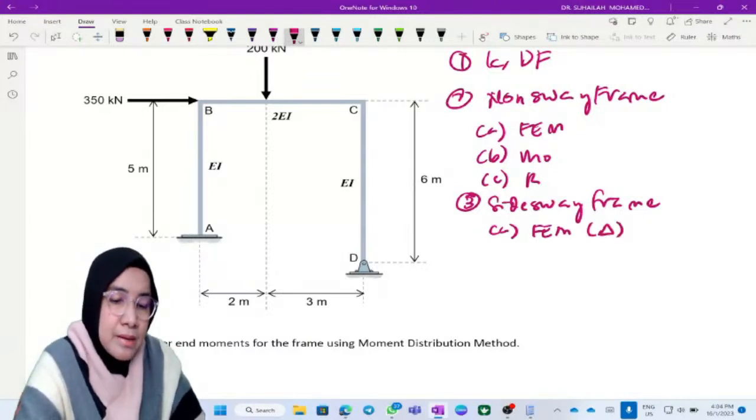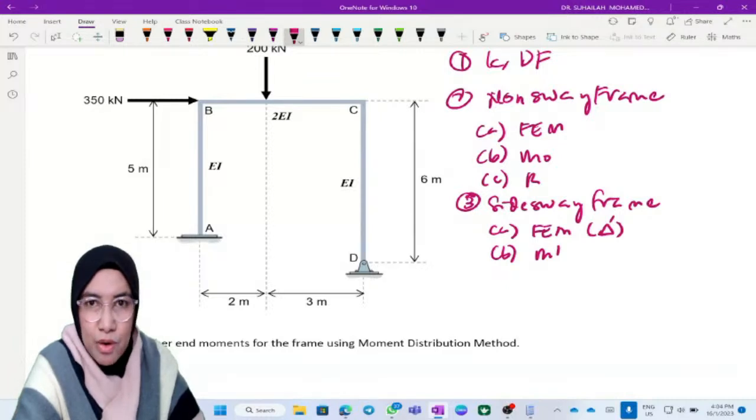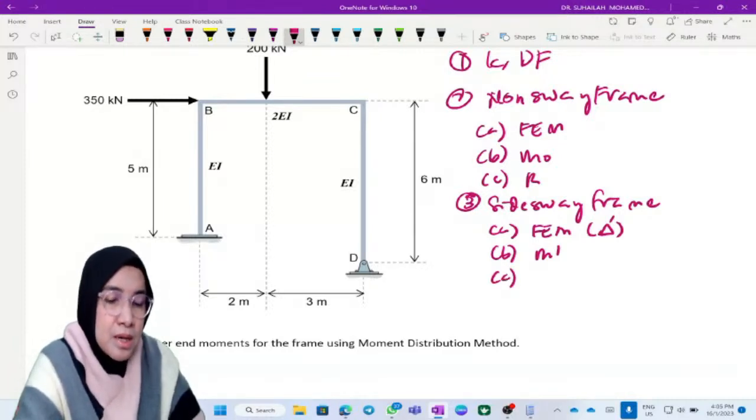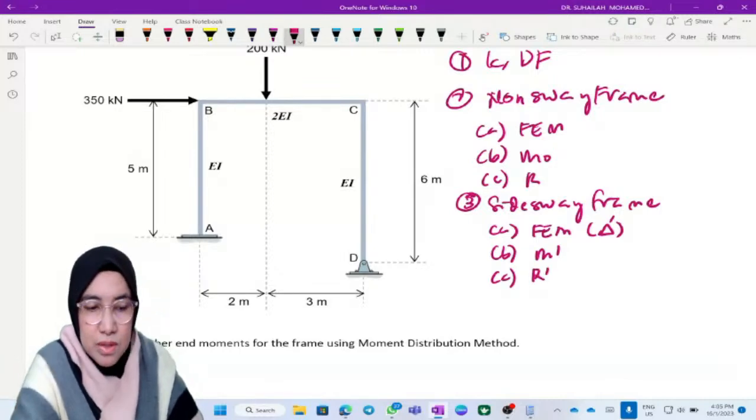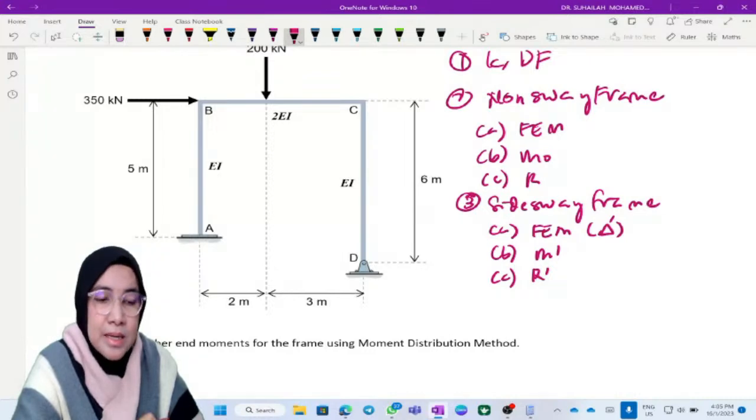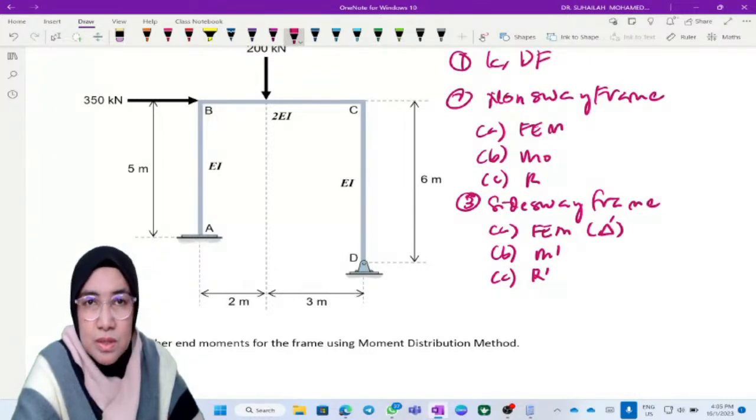B, we have to calculate M prime from the distribution table. And C, we have to calculate R, restraining force. Under non-sway frame the restraining force label is R. Under sidesway frame, the restraining force label is R prime.